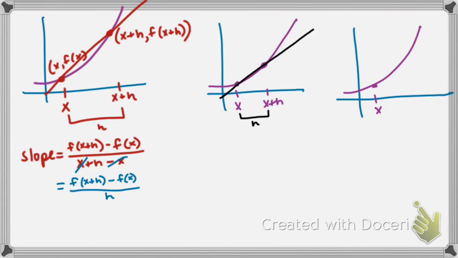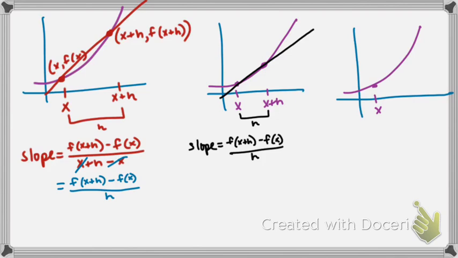We're trying to get h as small as we possibly can. However, that's still a secant line, and we would find the slope the exact same way that we found the other slope. So I'm just going to rewrite it. The slope is still f of x plus h minus f of x all over h, because the line is still secant, so we find the slope the same way.